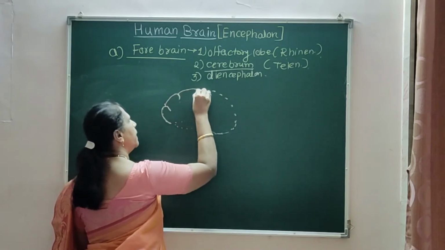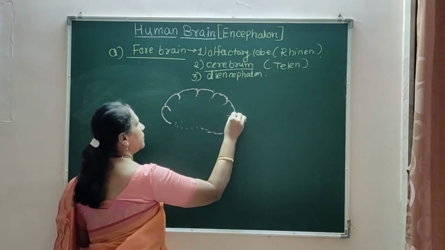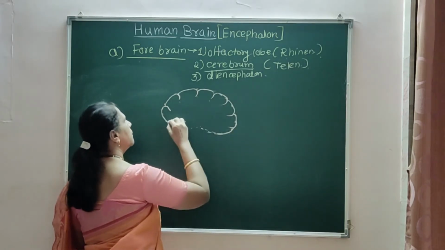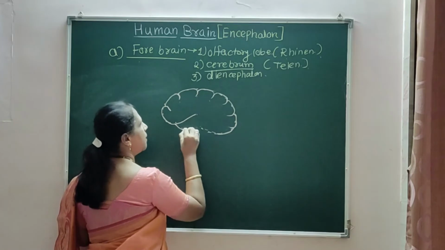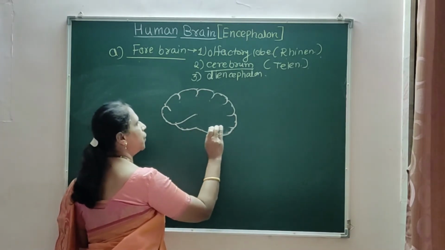This is a human brain or cerebrum of the human brain. It is the largest part of the human brain and it forms 85% of the area.